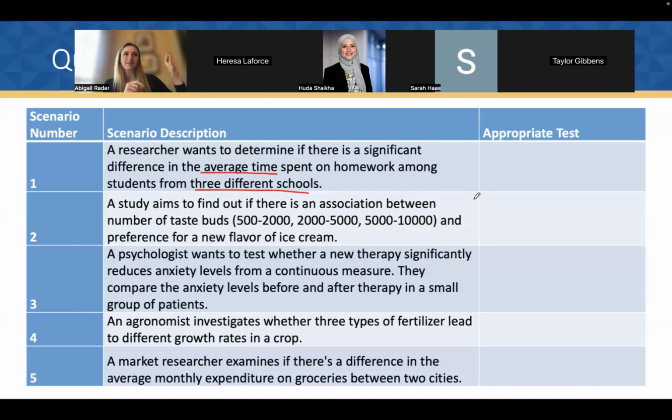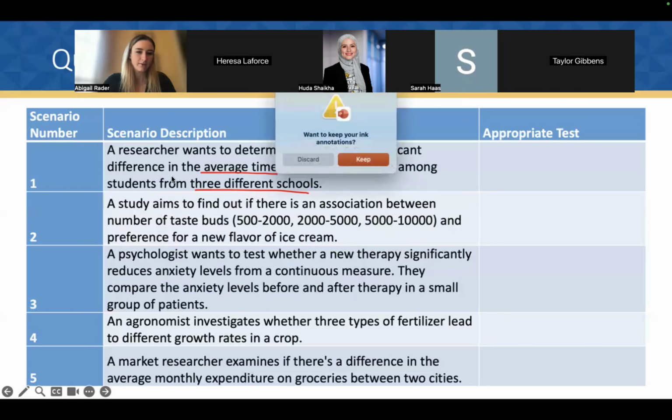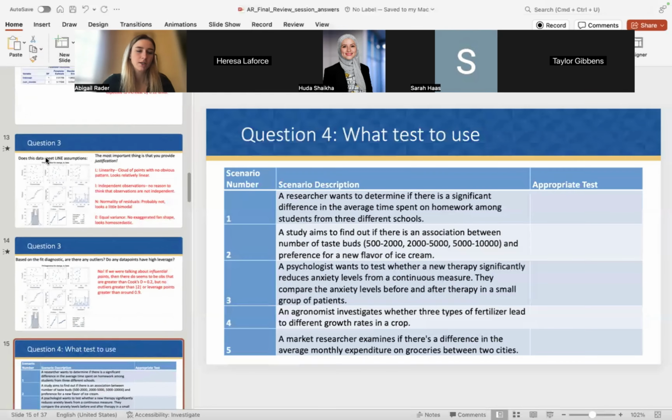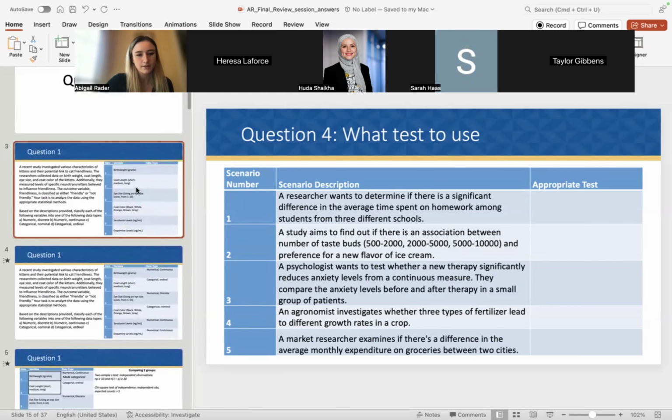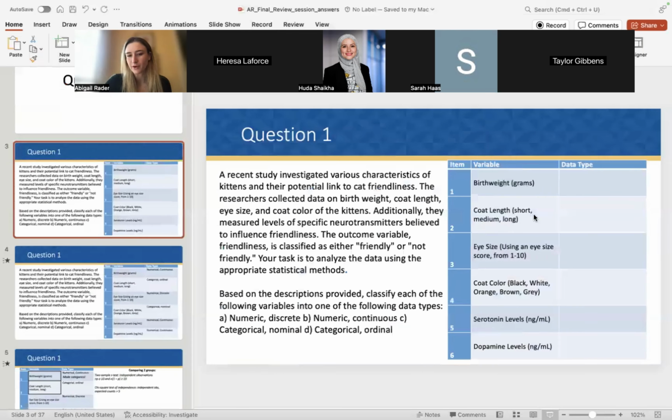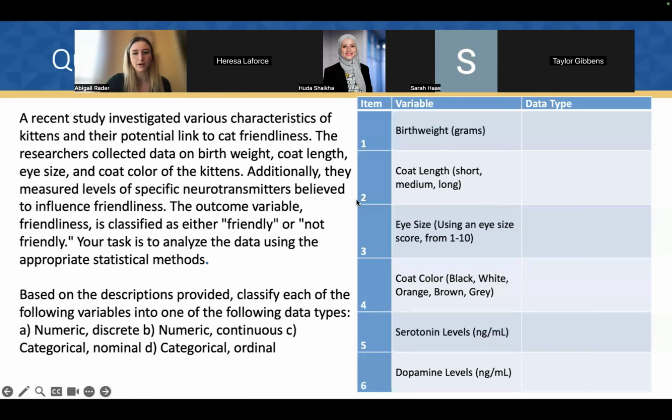So for the kitten example, we have coat length: short, medium, and long. That's 3 different categories within it.